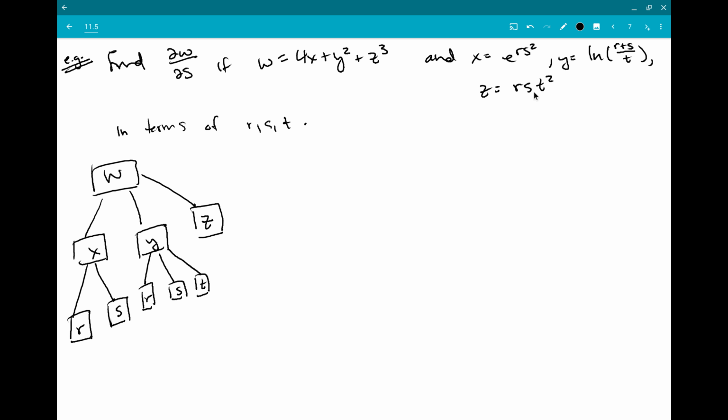And z depends on r, s, and t. Sorry, r, s, and t again. And so hopefully you can see that I am bad at judging the space that things will take up, but I did try to keep this on there's a level, there's a level, there's a level.